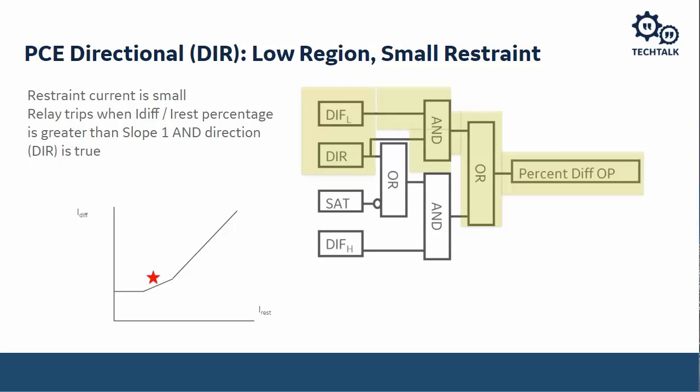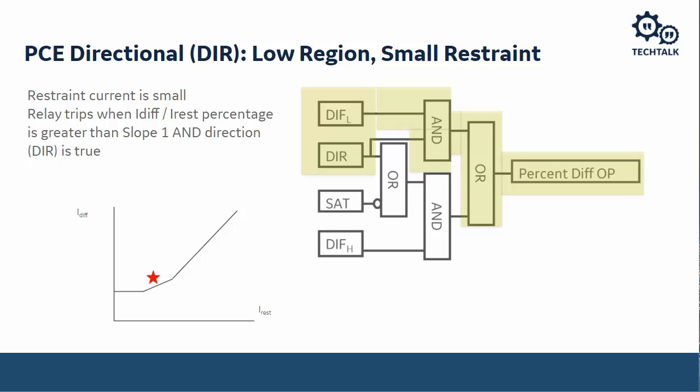So we're going to look at the direction flag and make sure that all of the currents are in that 90-degree window. If that's satisfied, this AND gate is satisfied, the OR gate is satisfied, and we have a percent differential operation. If the direction flag is not satisfied, then we will restrain.